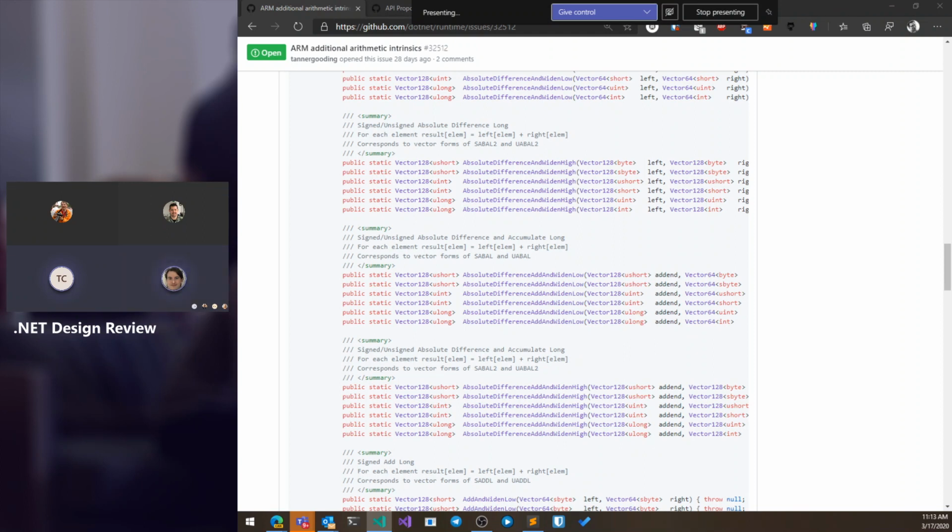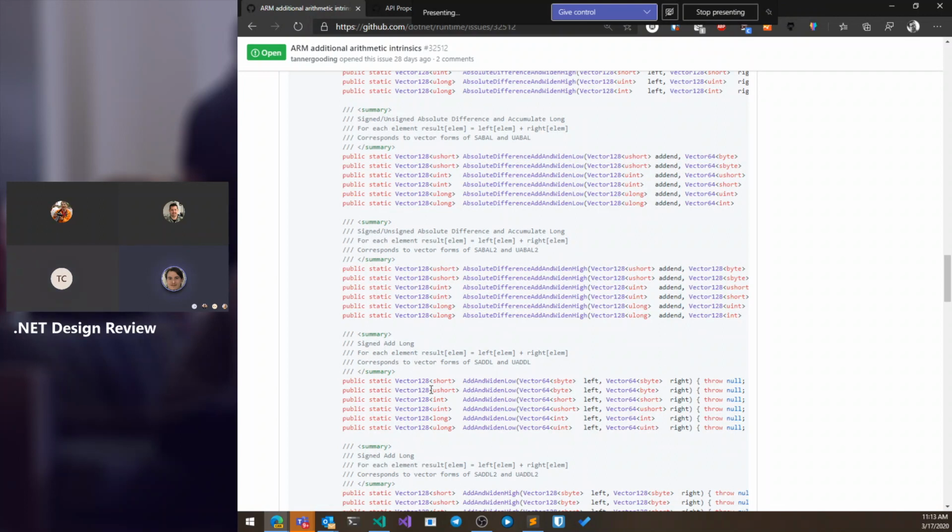But the 128-bit versions below are correctly accumulating, and the one below on top of it are not accumulating. So that instruction doesn't match up to this. Oh, it should be SABDL, not SABAL. Ah, okay. Yep.